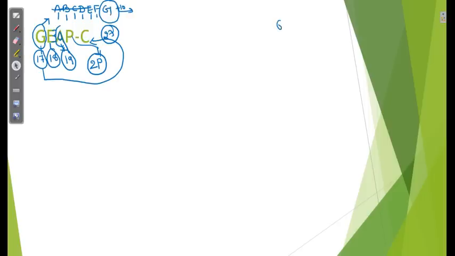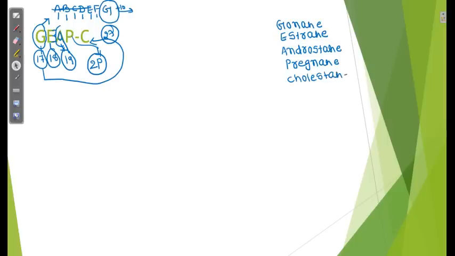Suppose the first is gonane. Then E stands for estrane, A stands for androstane, P stands for pregnane, and C stands for cholestane. So it is like methane, ethane, propane, butane, pentane.